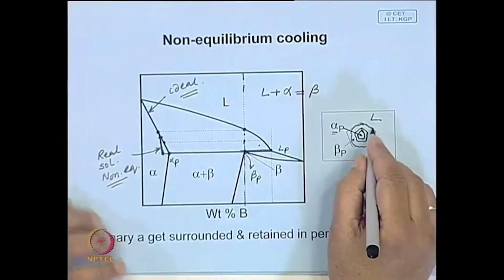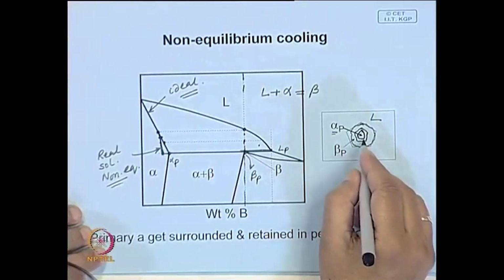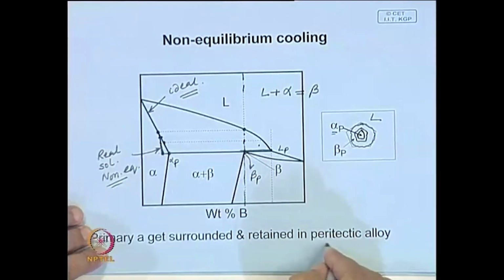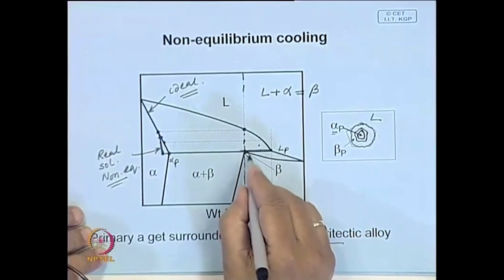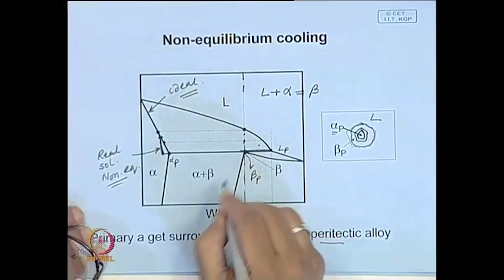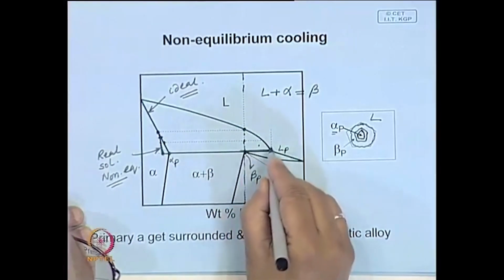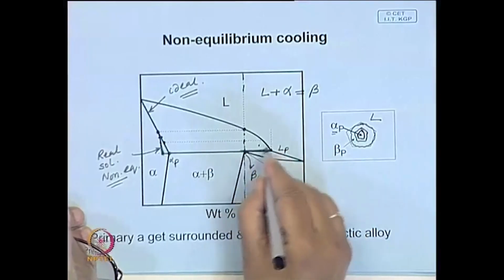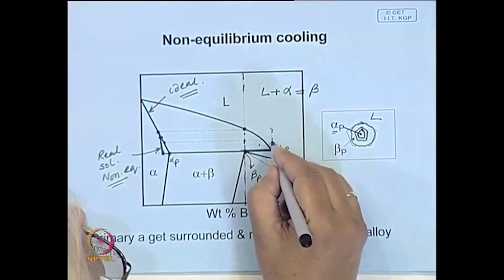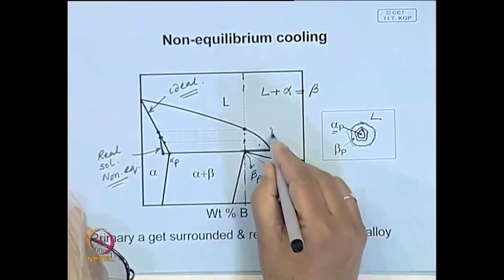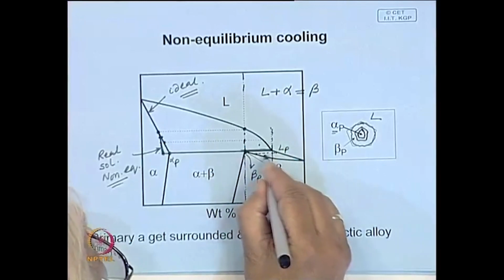So what is likely to happen? Some amount of primary alpha will get surrounded and retained even in this peritectic alloy. Once that peritectic reaction is complete, this peritectic composition is this, and there is still a substantial amount of liquid, and here the liquid now has this composition. Now this starts changing like this.